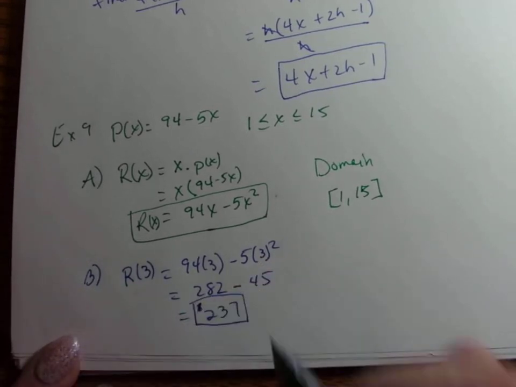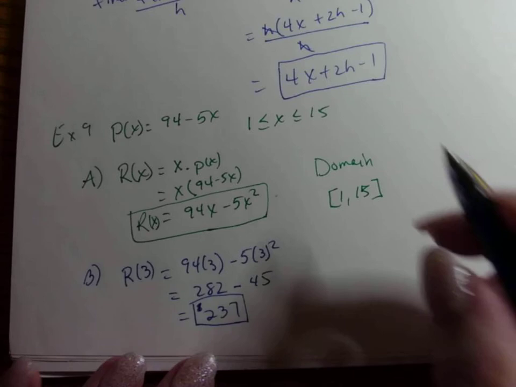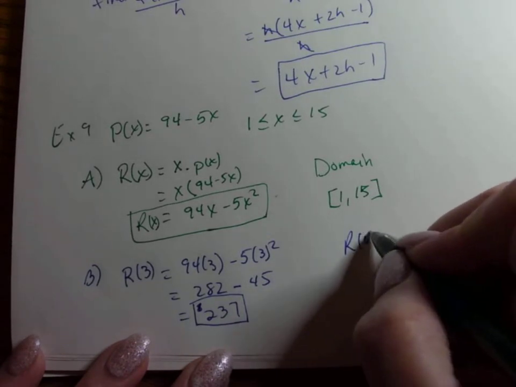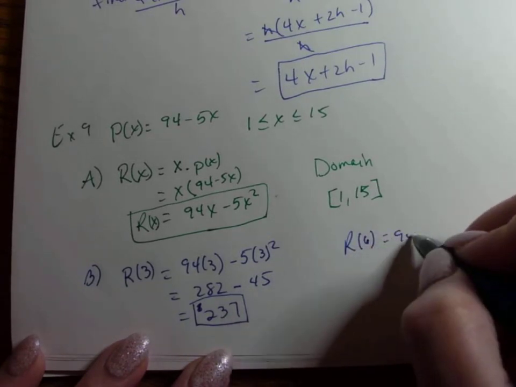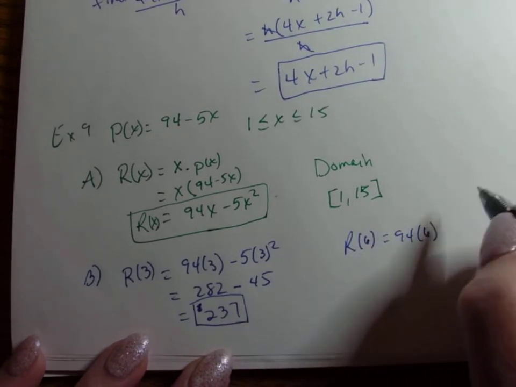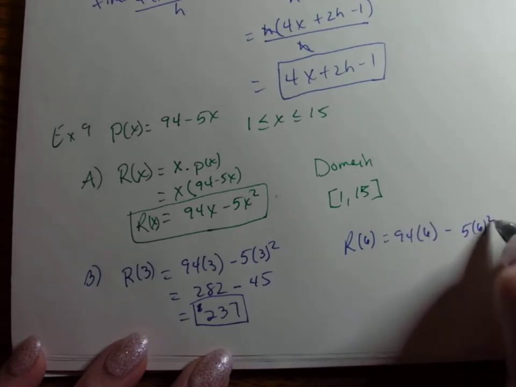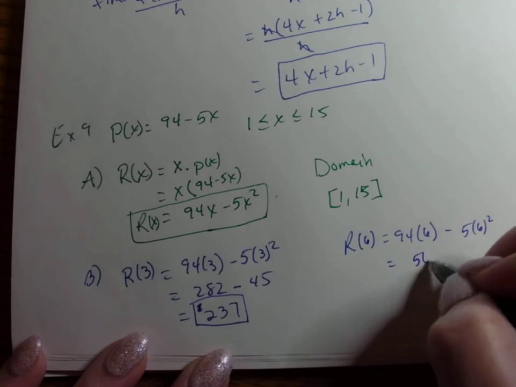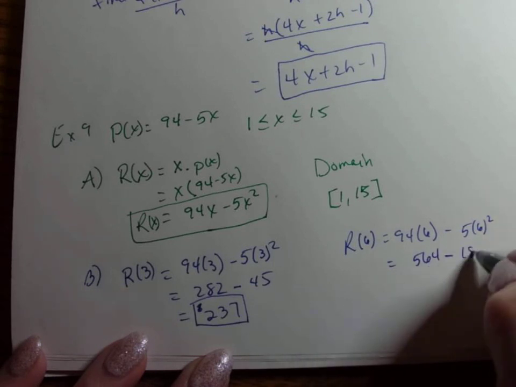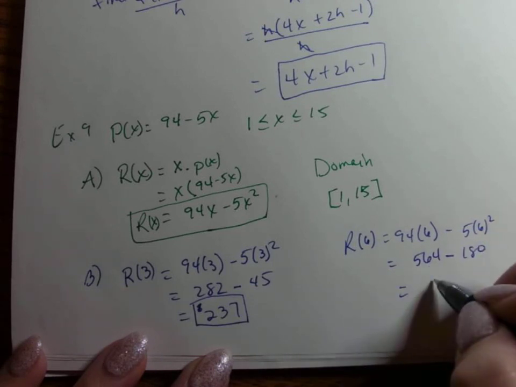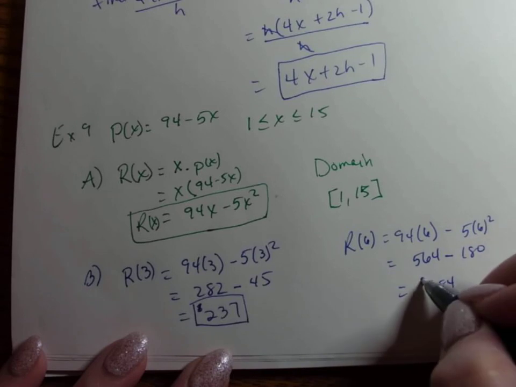And it's revenue, so it's dollars. And then R at 6 is equal to 94 times 6 minus 5 times 6 squared. Plug in our 6 for the x. That'll get us 564 minus 180, which will get us 384.